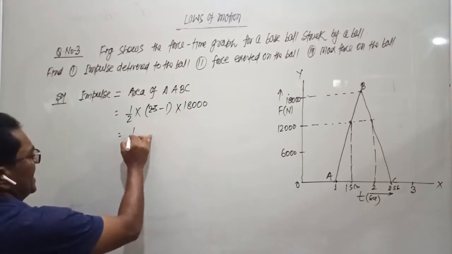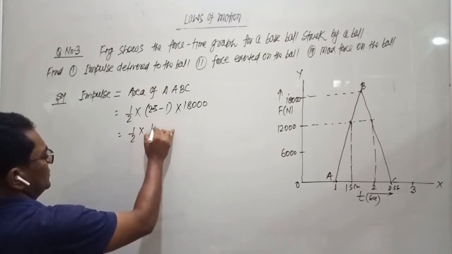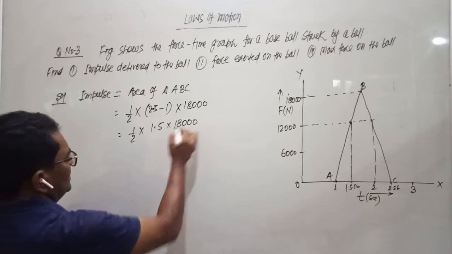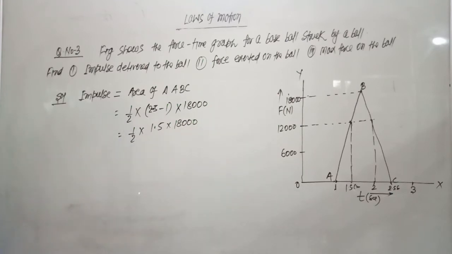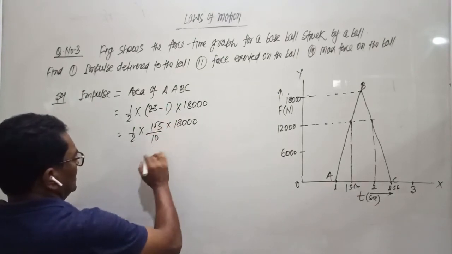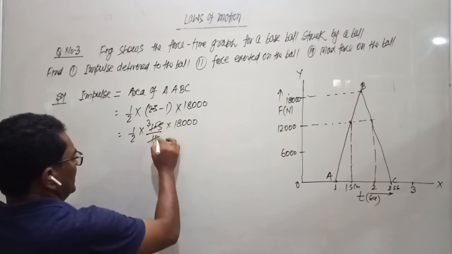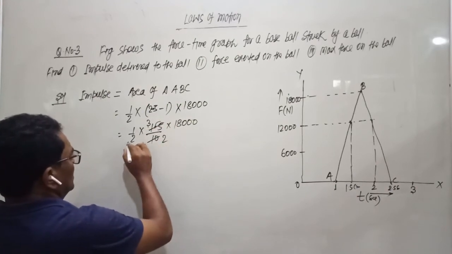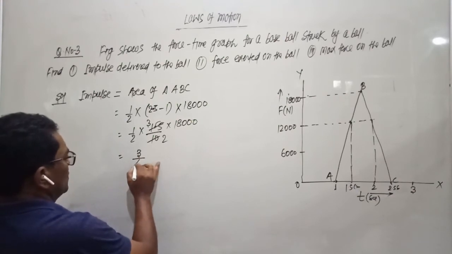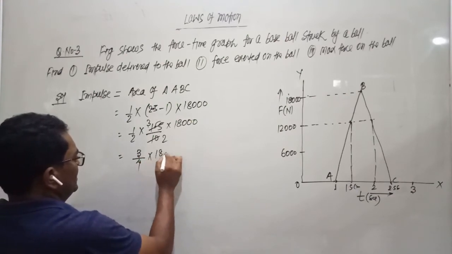So we get 1 by 2 into 1.5 into 18,000, which is 3 upon 4 into 18,000.